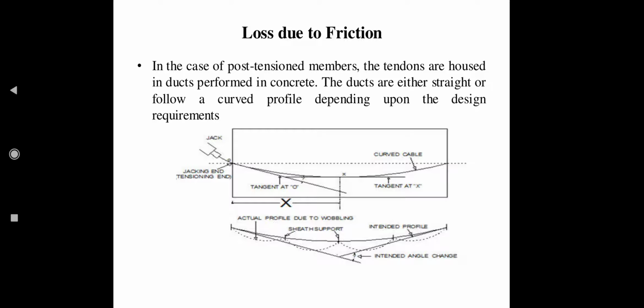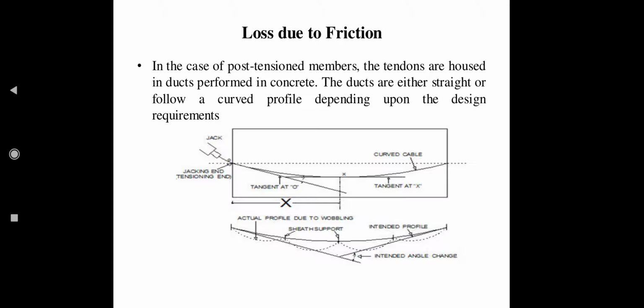So there is no question of two bodies coming into contact, or of pulling a cable which will come in contact with the concrete. Whereas in the case of post-tension members, the concrete is first placed and then the cables are passed through the ducts. So what will happen when a cable is pulled from one end?